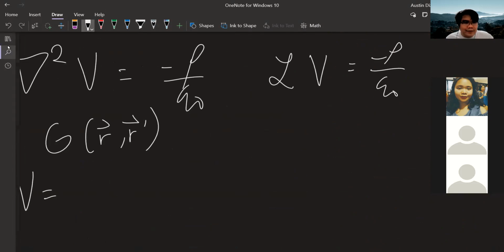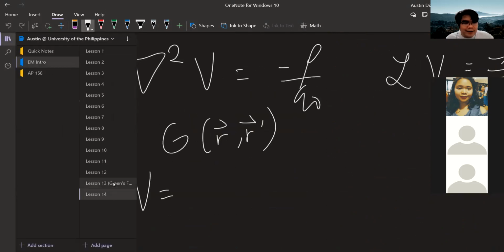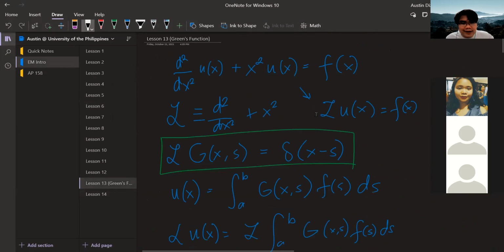Okay. Titingnan nyo lang ngayon. I-mix and match nyo lang. Okay? So, yung V doon kanina, U dito ngayon. Tapos yung nasa right-hand side, whatever that is, sulat mo na lang siya as F. The prescription for the solution for U is just the integral of your Green's function times the right-hand side.